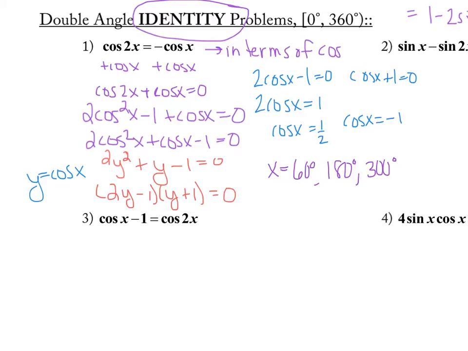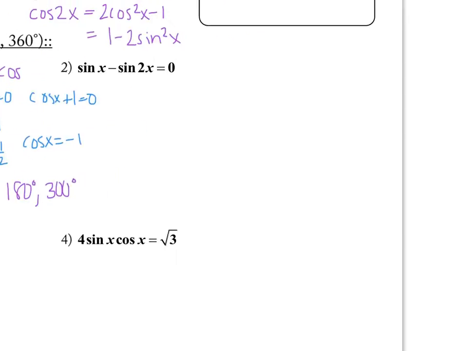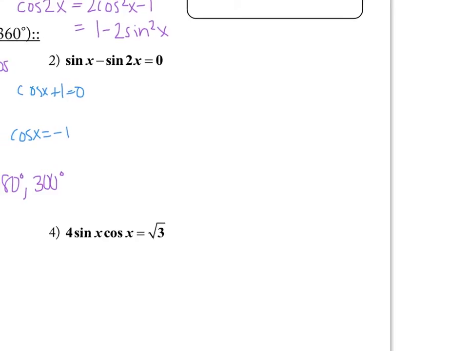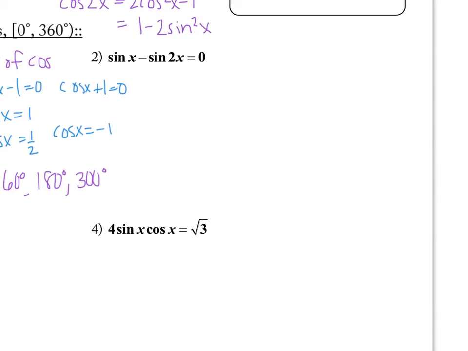All right, let's go ahead and take a look at number 2. Okay. So we have a double angle in there, and we also have a sine. So our goal this time is going to be in terms of sine or cosine.